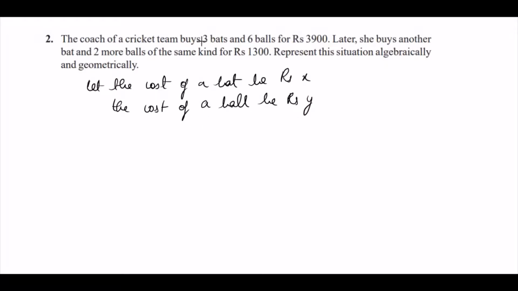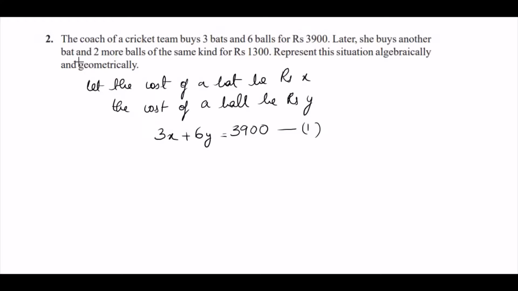So when you write this expression in terms of variables, you can write 3x plus 6y is equal to 3,900, because 1 bat costs rupees x, so 3 bats will cost 3x. In a similar way, 1 ball costs rupees y, so 6 balls will cost 6y. So 3x plus 6y, when you add the cost of 3 bats and 6 balls, you get 3,900 in total. So this is the first equation.